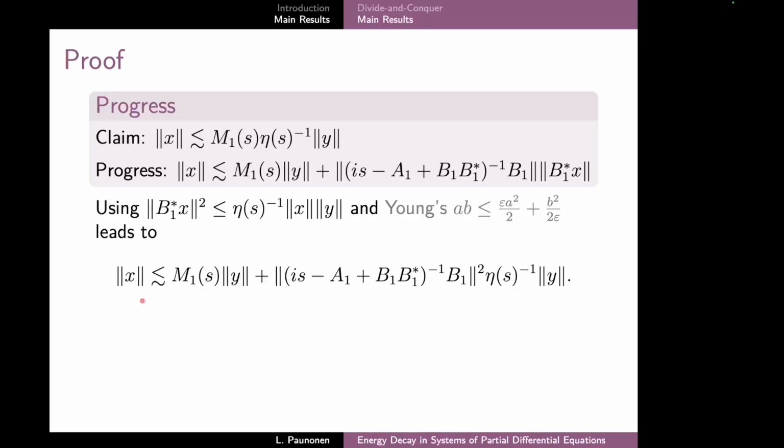And this situation doesn't necessarily look very good, because it would seem that if we do a naive estimate here and estimate the resolvent norm of this term by m1, then we get an estimate of the form that we roughly like, but with m1 to the power 2.